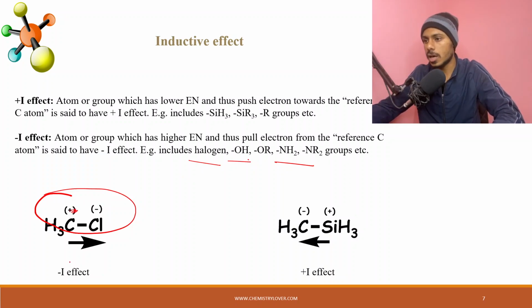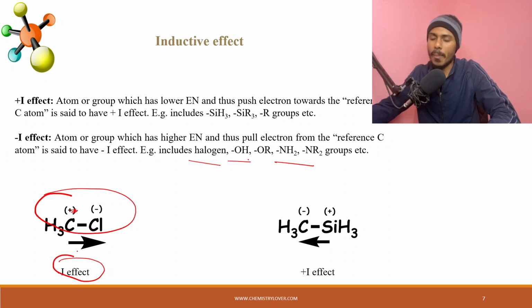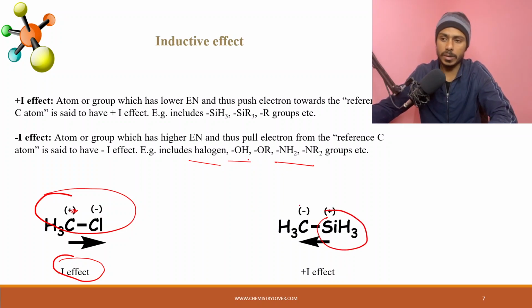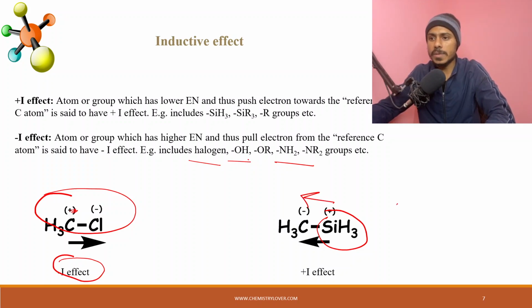This we call the minus I effect or minus inductive effect. Whereas if you have a silicon group, which is electropositive or less electronegative than carbon, then it will push electrons towards that carbon. Or it may be some other alkyl group; they can also push electrons towards carbon. This is called the positive I effect or positive inductive effect.